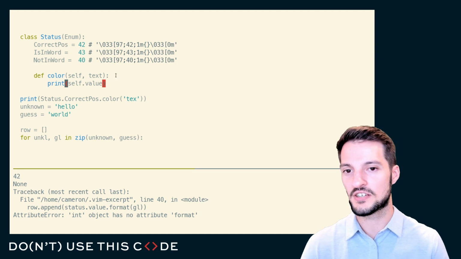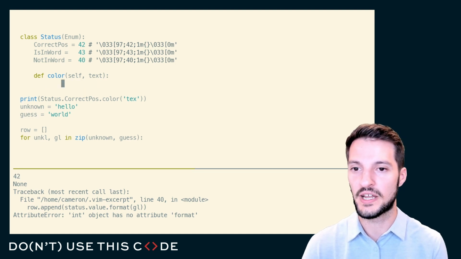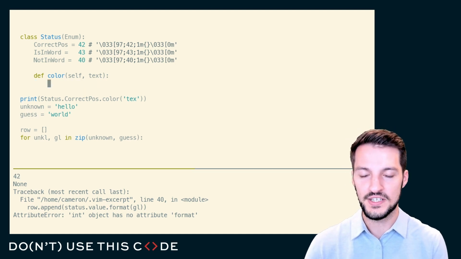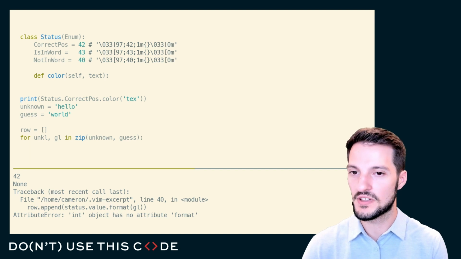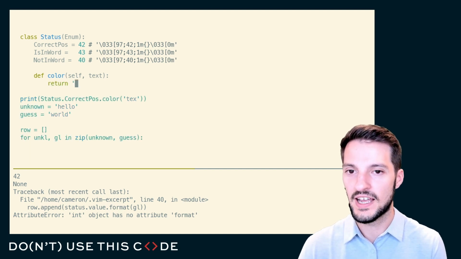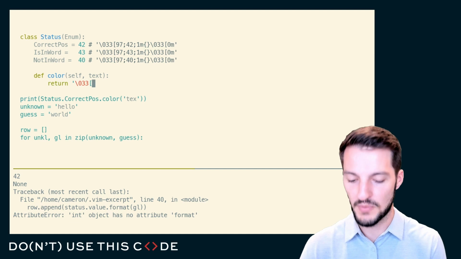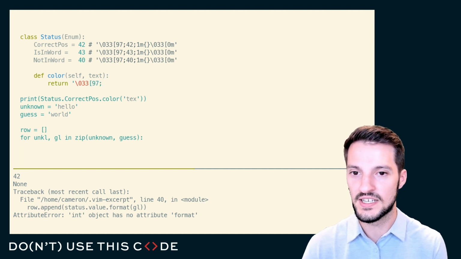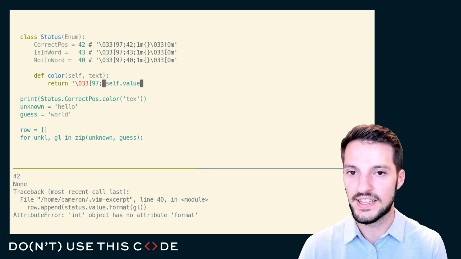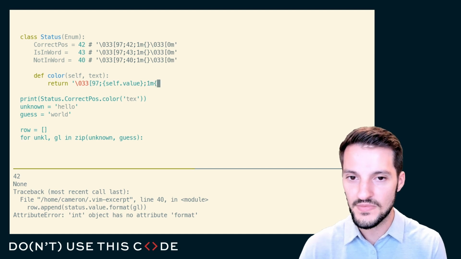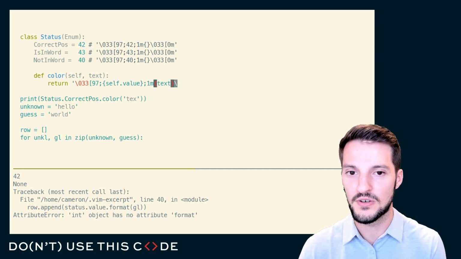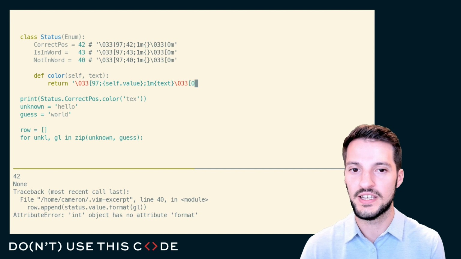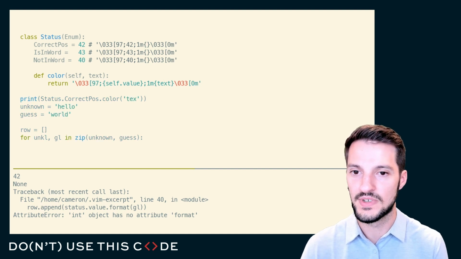I can use this to actually perform my string formatting for me. So this would look something like I would return, and then I would put kind of my template for my escape sequences. I would put self.value in here, and then I would put, let's see, 1M, followed by the text, followed by another escape, and close that out.